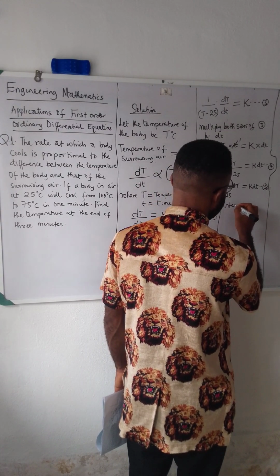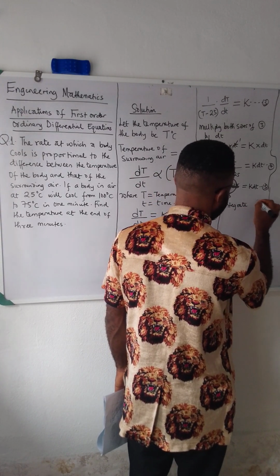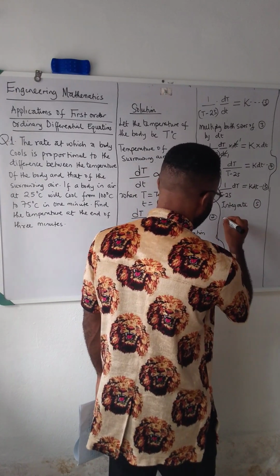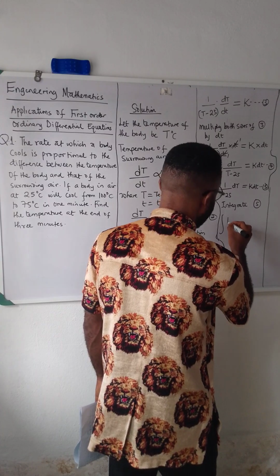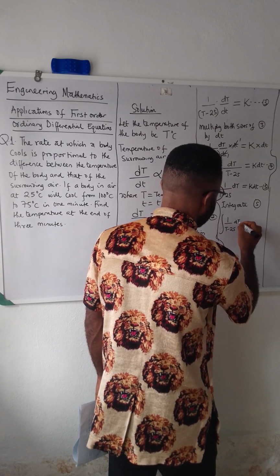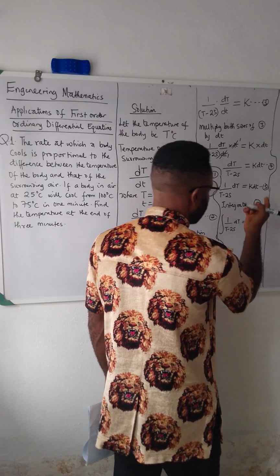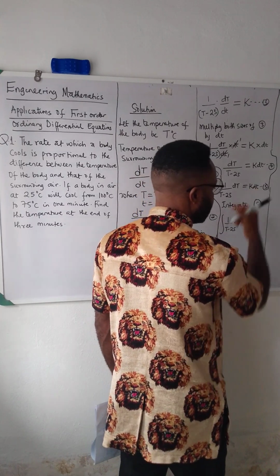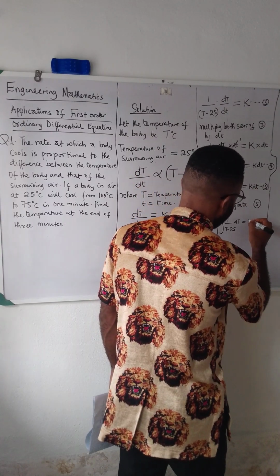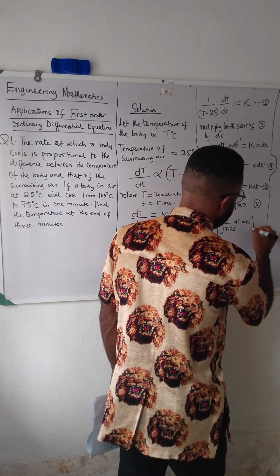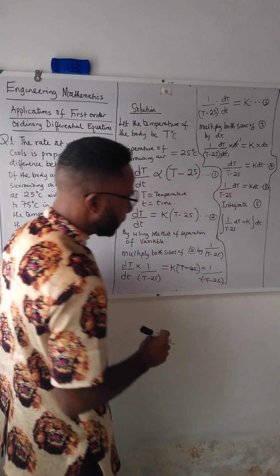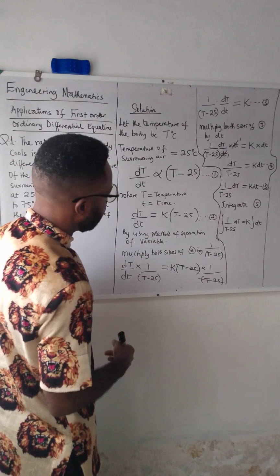So we integrate equation 5. In integrating equation 5, we are going to have the integral of 1 over T minus 25 dT equal to, this is a constant, so we bring it out and integrate the small t, or the time. So we have the constant times the integral of dt. We've gotten to this point now.